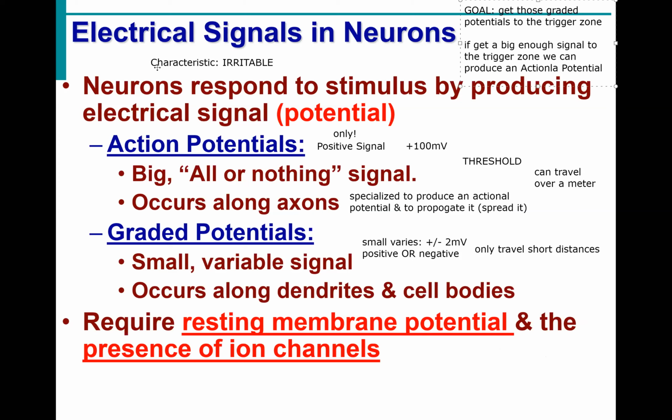To produce both types of potentials, both an action potential and a graded potential, there are two things we have to do. We have to have our starting point for a cell, and that starting point is the resting membrane potential. And we have to have ion channels so we can move those charged particles into and out of a cell, and that is going to allow us to affect a change.